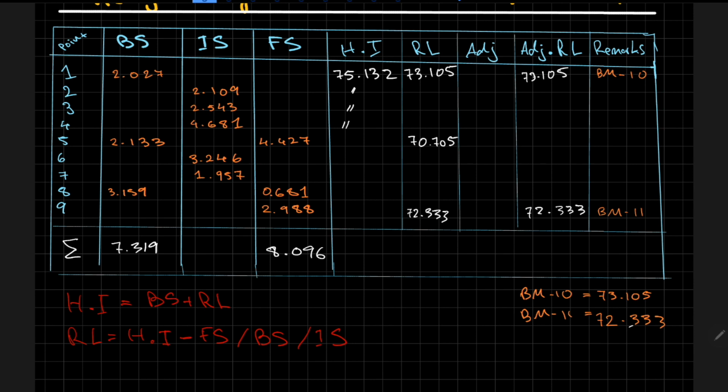So now we're going to calculate the height of instrument. Because we got the reduced level, we can go ahead and add the backside to the reduced level to get the height of instrument here. So 2.133 plus 70.705 is going to equal 72.838.